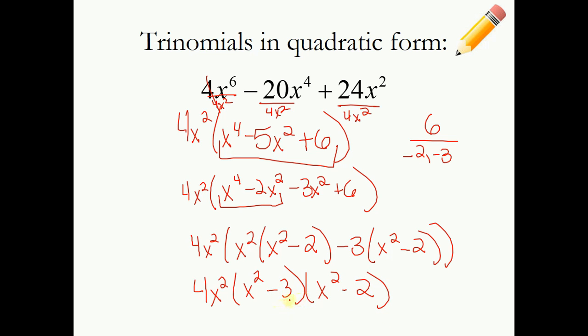Can we do any other factoring? I do have subtraction, so in my mind I think, difference of perfect squares possibly, but 3 and 2 are not perfect squares, so I cannot break those down any further. So my final answer if I was just factoring would be that particular answer right there.